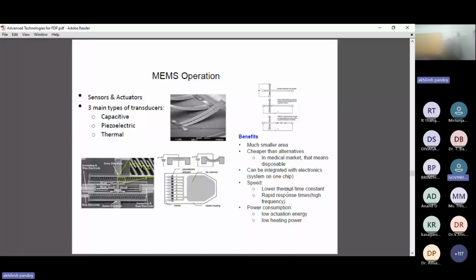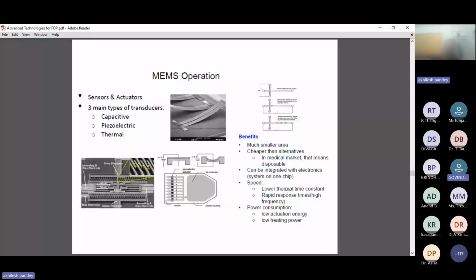In the piezoelectric type, due to the piezoelectric nature of the material, while applying a field, due to high d33, there is a variation when applying mechanical force.